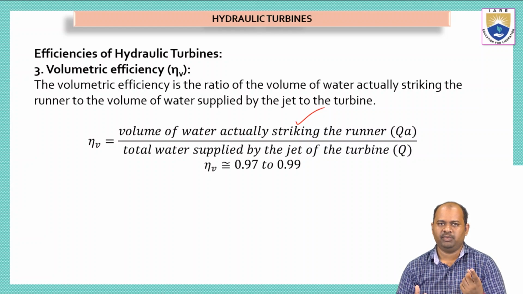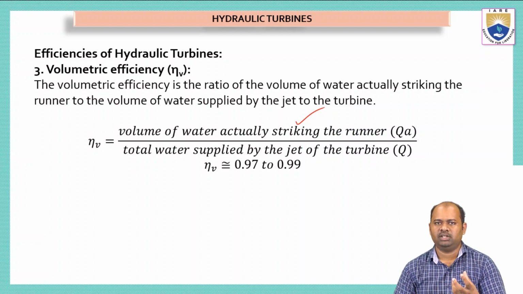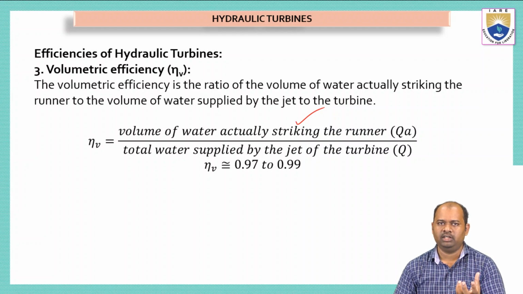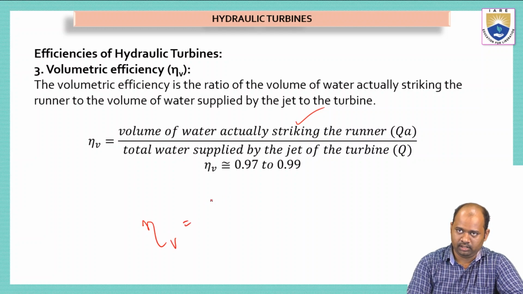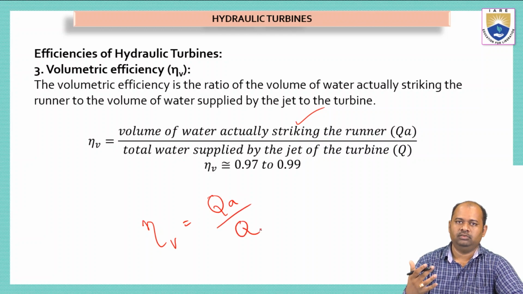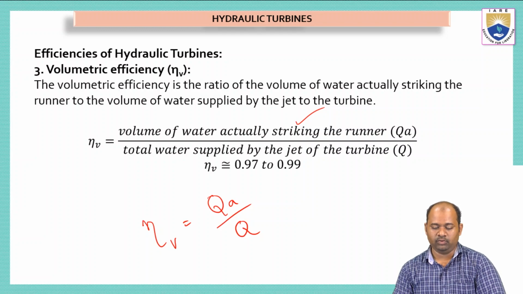Not only a single jet is placed, we have more than one jet for the flow of water coming through the penstock. This water can be utilized in such a manner as to increase the efficiency of the turbine. We can place more than one nozzle. So volumetric efficiency is the ratio of water actually striking the runner, the actual discharge, divided by the discharge given by the nozzle. So this is volumetric efficiency.